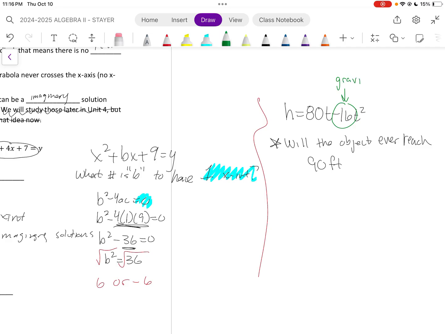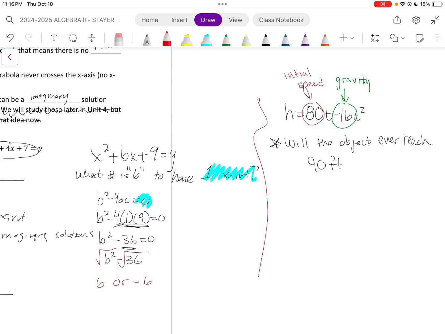Like if we're going to shoot a rocket or throw something up in the sky, we know it's going to come down unless we use some force to keep it propped up. This 80 is the initial speed that we're giving an object, right? Again, those numbers really don't matter. They would be given to you anyway, but just for those of you that might be in physics or at least heading that way, this is a good physics question. It says, will the object ever reach 90 feet?